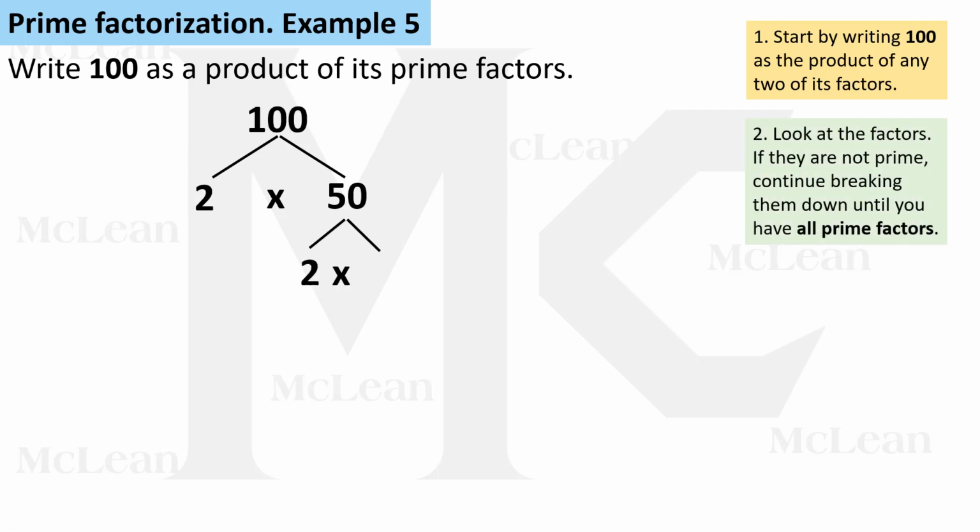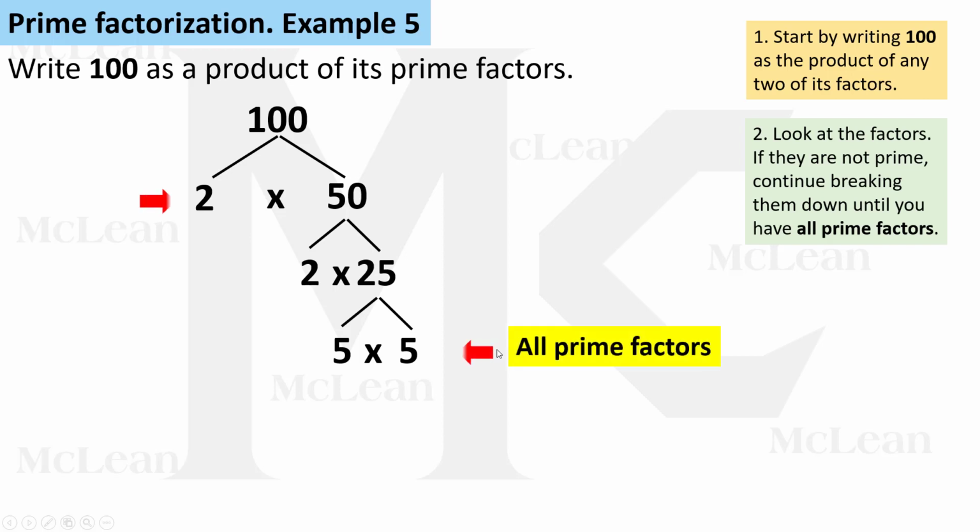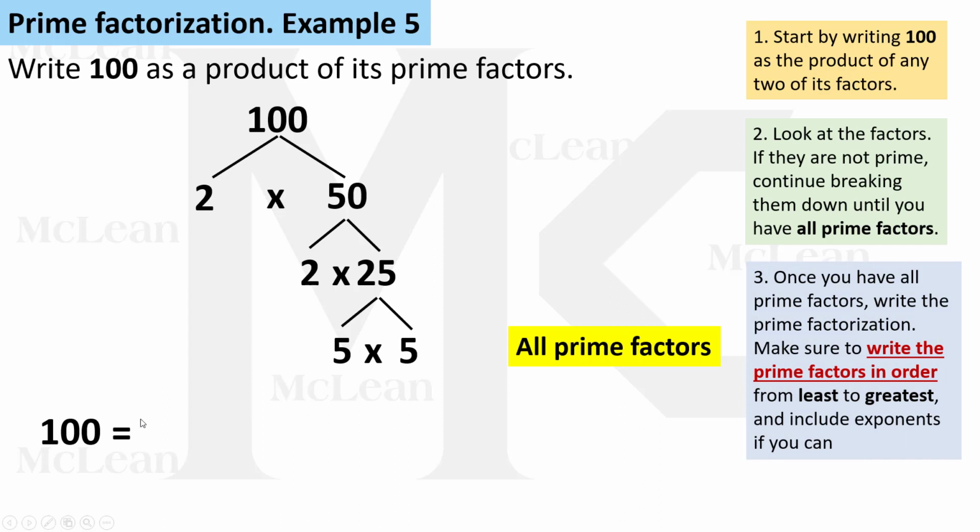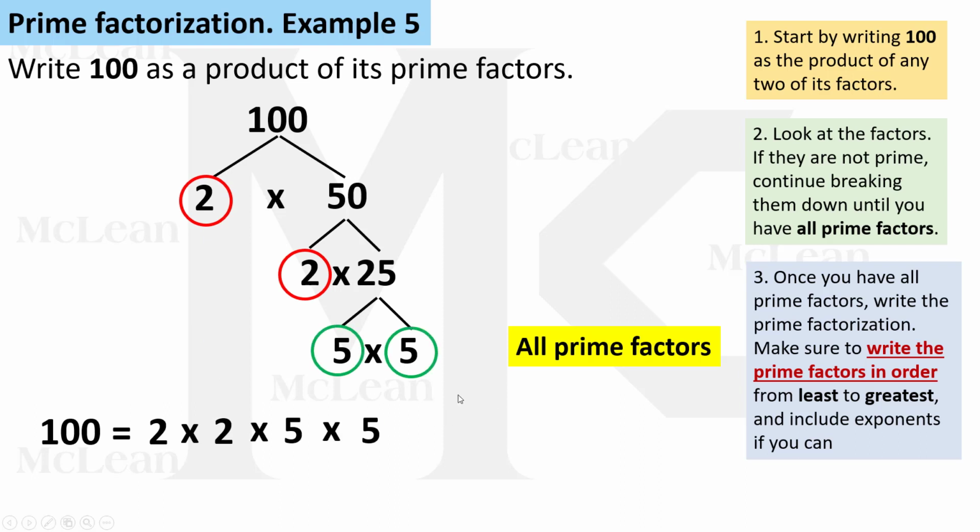What times what gives you 50? 2 times 25. The 2 is prime. Is 25 prime? Nope. Break this down some more. What times what gives me 25? 5 times 5. And we all have prime factors: 2, 2, 5, 5, starting with the smallest one. So 100 written as a prime factorization will be 2 times 2 times 5 times 5.